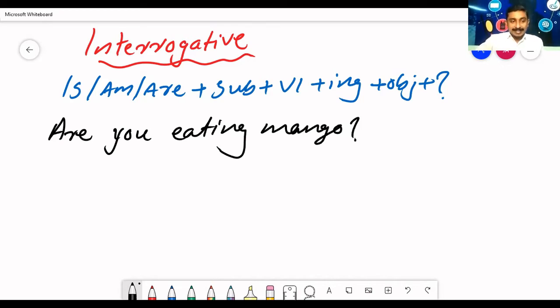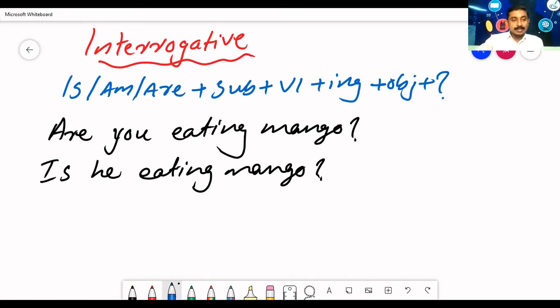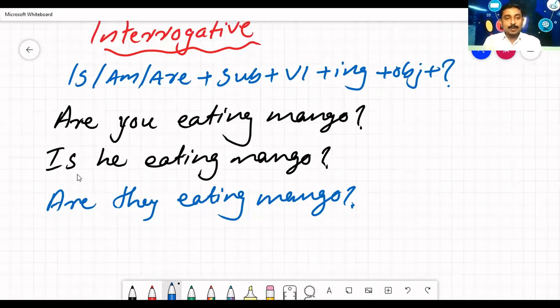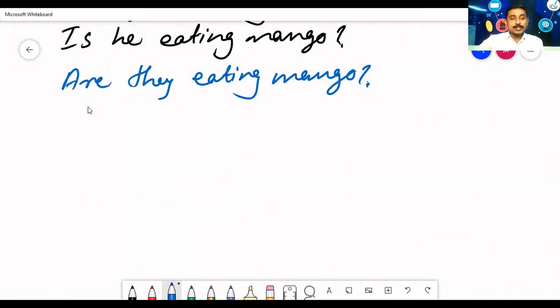Next, is he eating mango? Next, are they eating mango? This is how we create interrogative sentences. And let me also tell you about WH questions under present continuous tense.